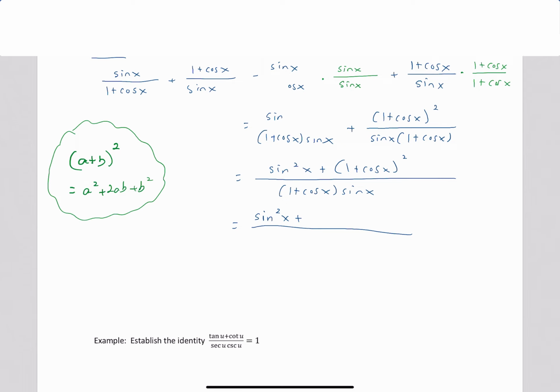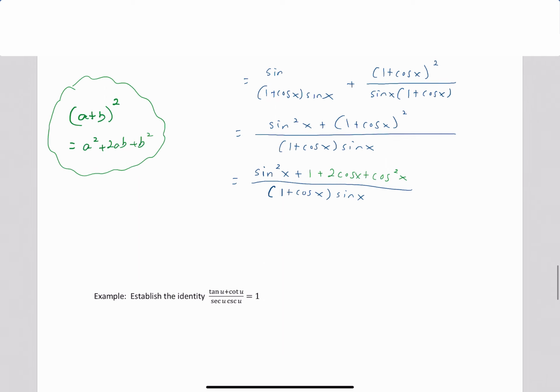But I'll keep this part in green to help you see what's going on. So I'm going to have 1 squared, which is 1, plus 2 times 1 times cosine, so that's 2 times cosine, plus cosine squared, so that's cosine squared of x. And then down below, I still have the denominator that I haven't done anything with. But I need to write it down anyway. Now what?